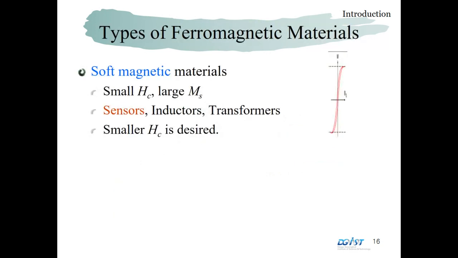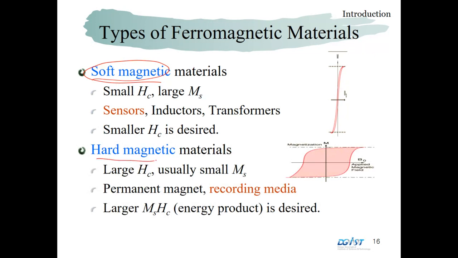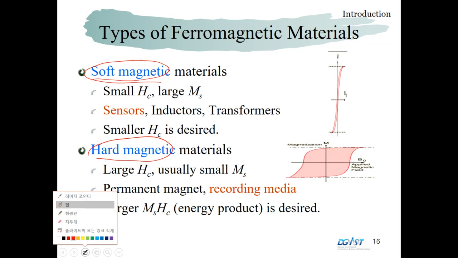Ferromagnetic materials, we can divide into two types. One is called the soft ferromagnetic material, and the other one is the hard one. Actually, we have two image curves here. Actually, they are the same one. I just made a different aspect ratio. I made the size small for the x direction, but increased the y direction.